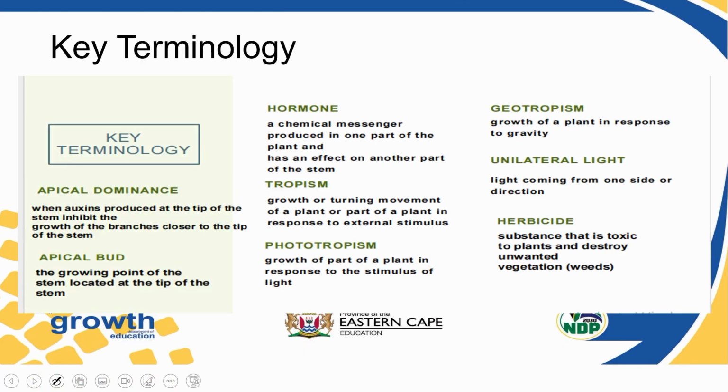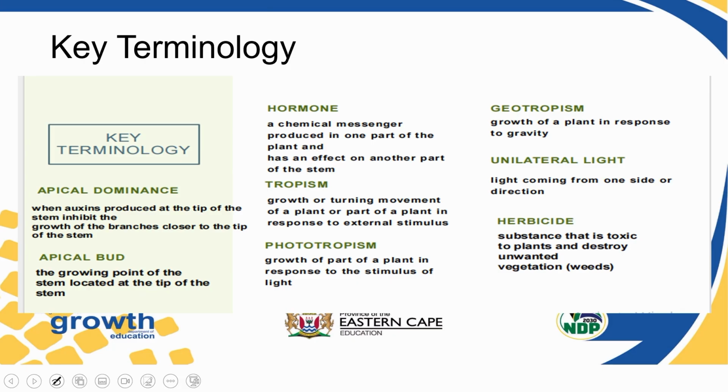The key terminology that we need to look at as we deal with this topic: we need to look at what a hormone is. Remember, from our human response to the environment, we dealt with hormones specifically on the topic on the endocrine system, where we defined hormones as chemical messengers that are produced from one part of an organism but will have an effect on the other part of the organism.